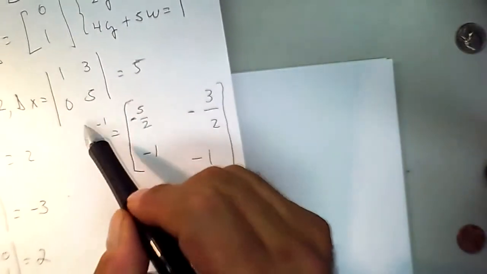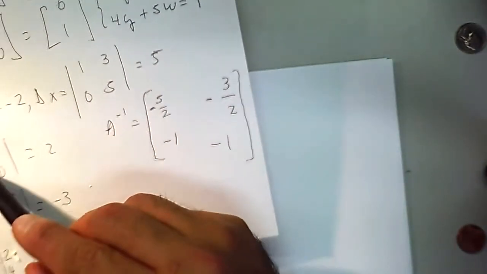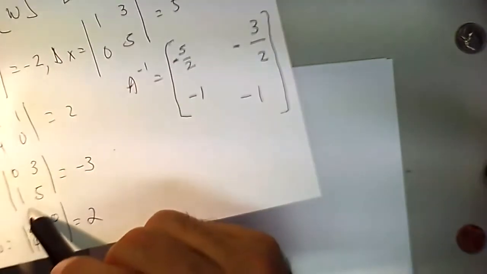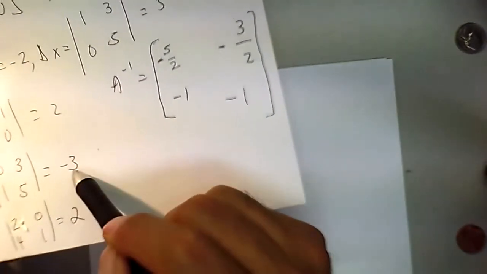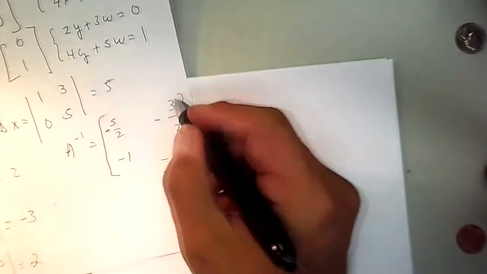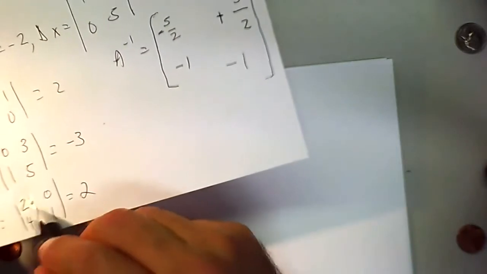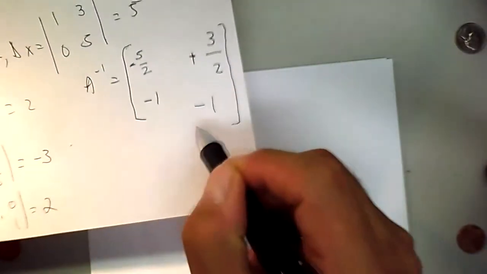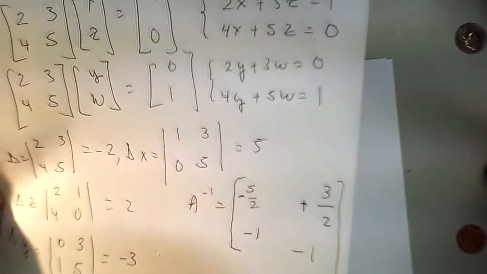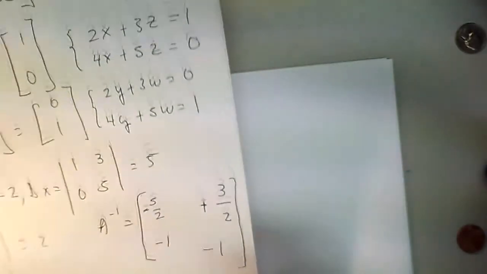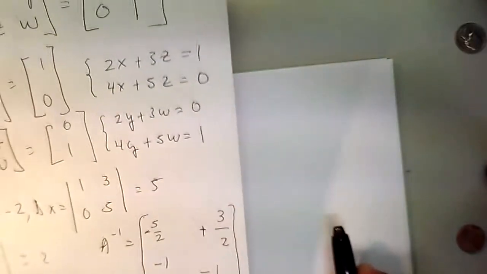So that's 5, 2 positive, negative 3 over negative 2. Oh, that should be positive. 2 positive. I think there's a mistake here.